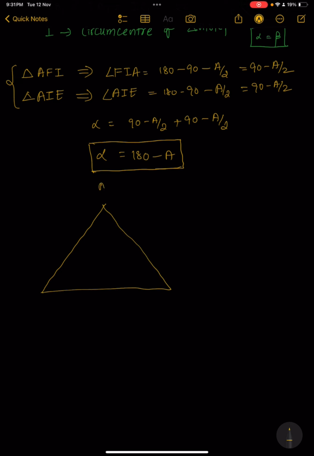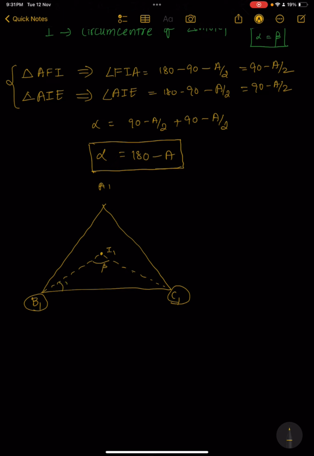This is angle A1, B1, C1, correct? So this I1, what is beta? Beta is this angle, right? Beta is the angle subtended by B1 and C1 at I1, and I1 is the incenter of this triangle.